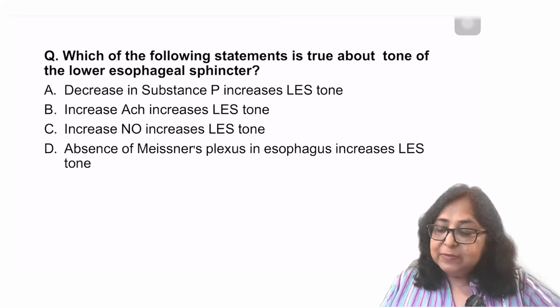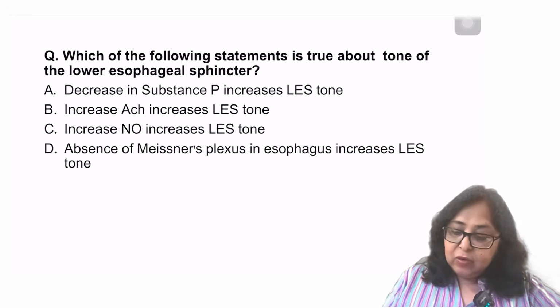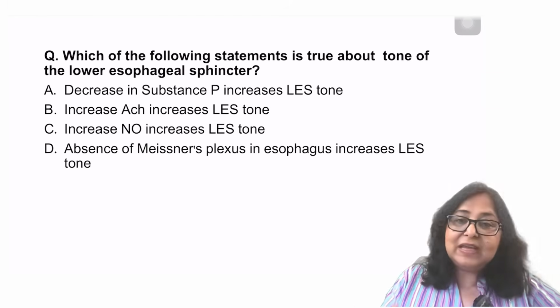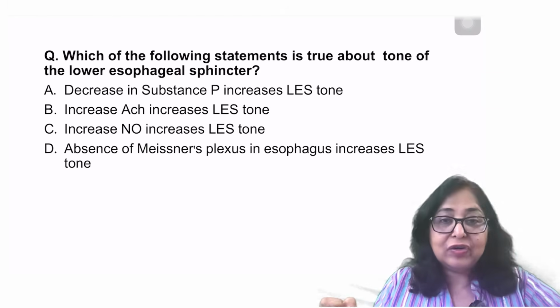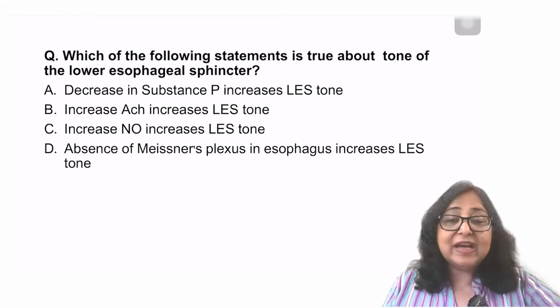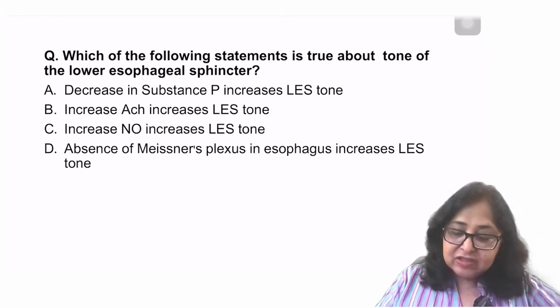Which of the following statements is true about tone of the lower esophageal sphincter? Now, lower esophageal sphincter tone. A decrease in substance P increases tone? No. Substance P produces smooth muscle contraction. So an increase in substance P would have increased LES tone, but this is not correct.